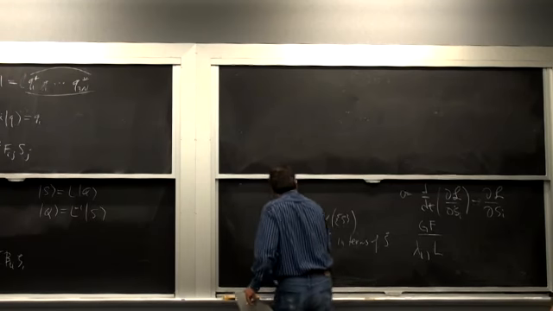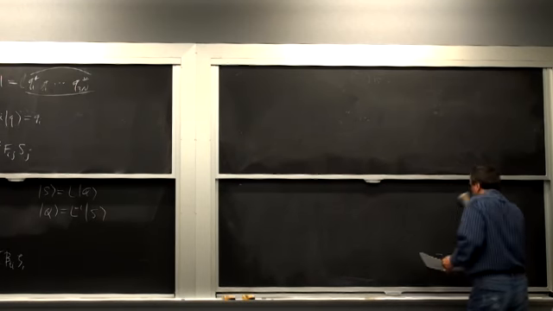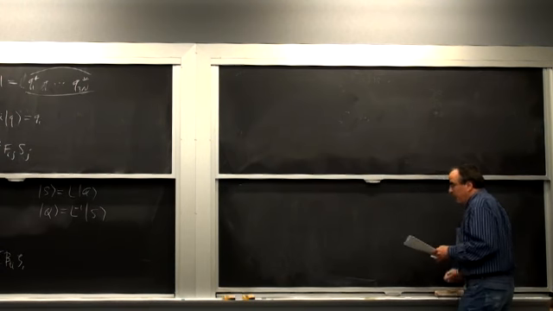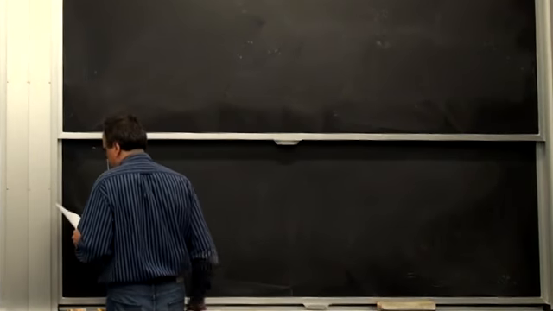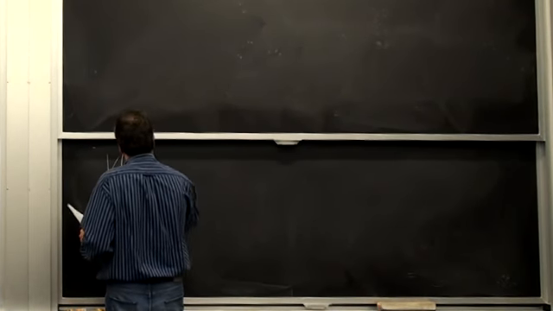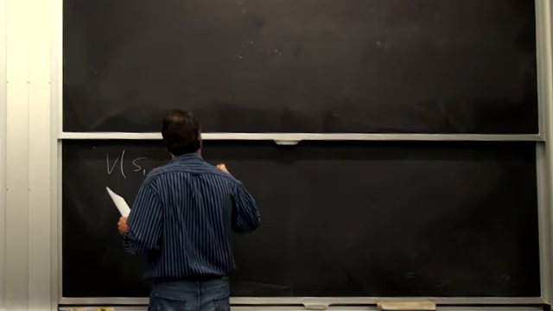We want to write the kinetic energy and potential energy in terms of S. First of all, we have the potential energy, V of S1 through S3n minus 6.